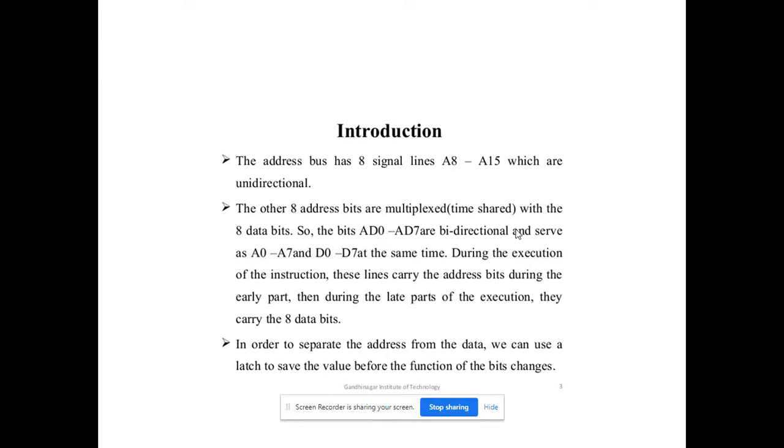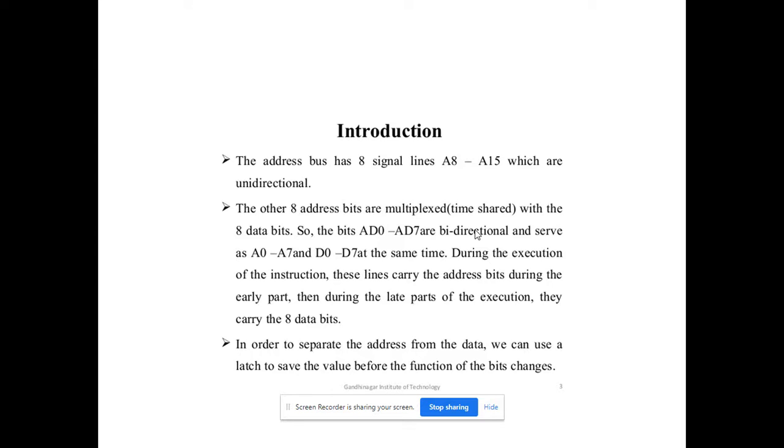During the execution of an instruction, these lines carry the address bits during the early part of the execution, and during the later part they carry the 8 bits of data, which may be data or an opcode.